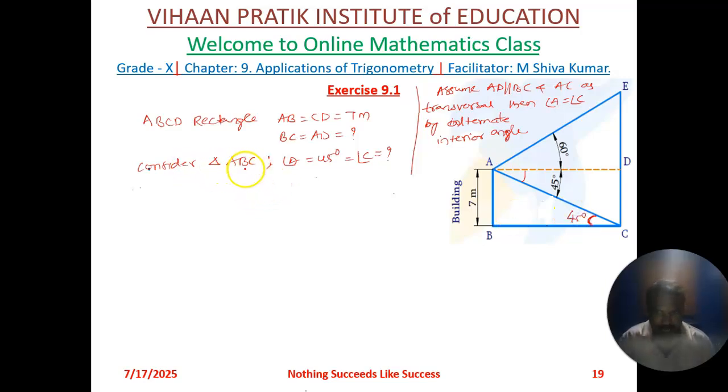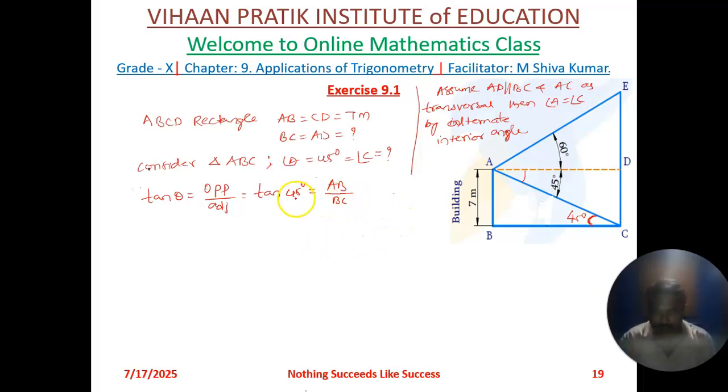So from triangle ABC, if we consider the trigonometric ratio tan theta, which equals opposite by adjacent, here tan theta is tan 45 degrees, which equals opposite AB divided by adjacent BC.